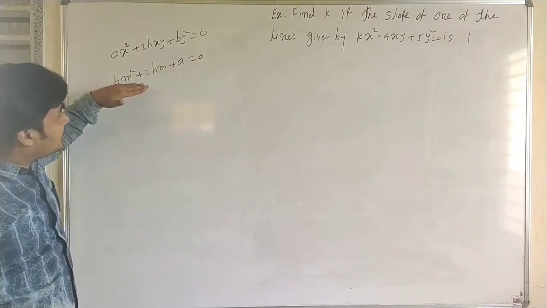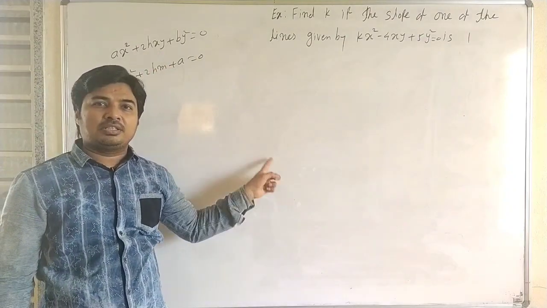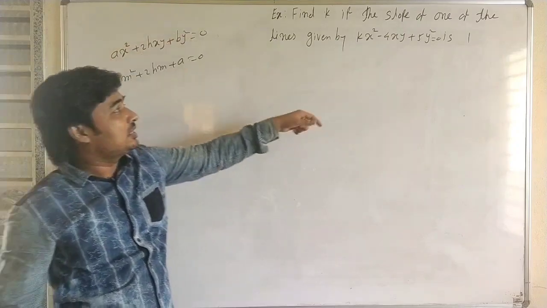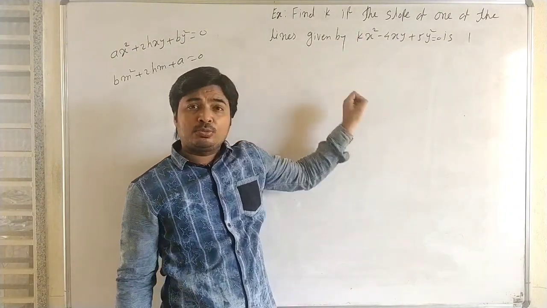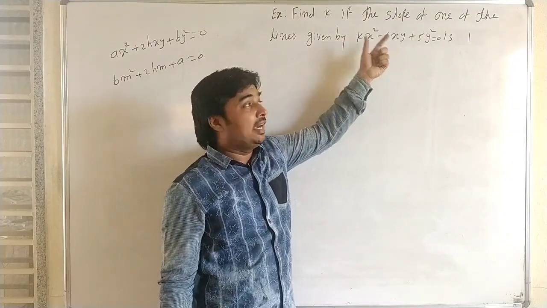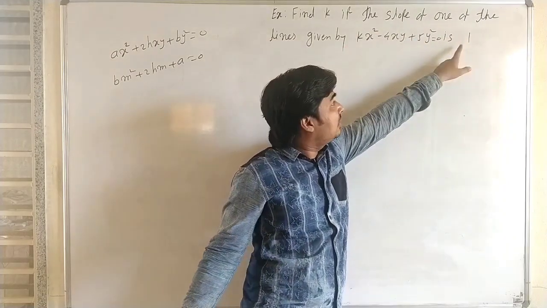That means the auxiliary equation is satisfied by the slopes of lines represented by the homogeneous equation, and here it is already given that the slope of one of the lines is m, that is 1.